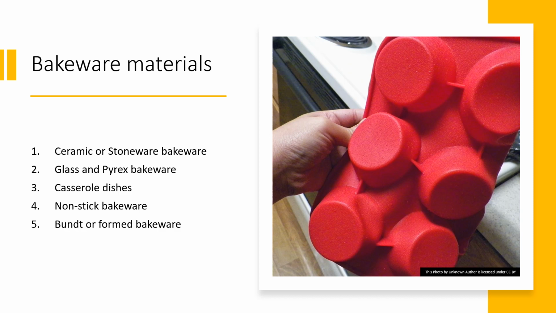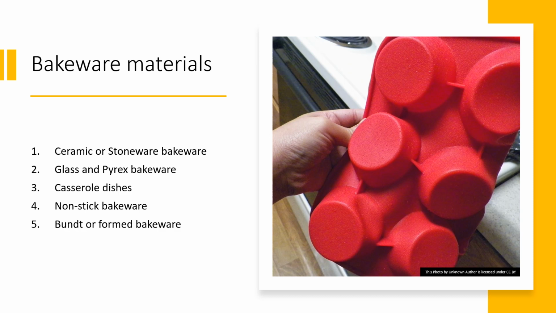Baking dishes come in a variety of sizes, styles, choice of materials, and uses. Some of these are used as oven baking dishes for meats or casseroles, while others are more suited for baking cakes. So sa pagpili ng bakeware materials, ano yung desirable characteristics? One, dapat multi-use.